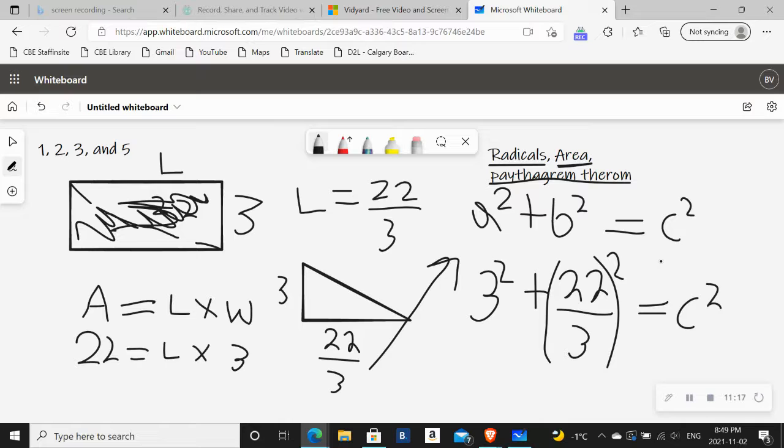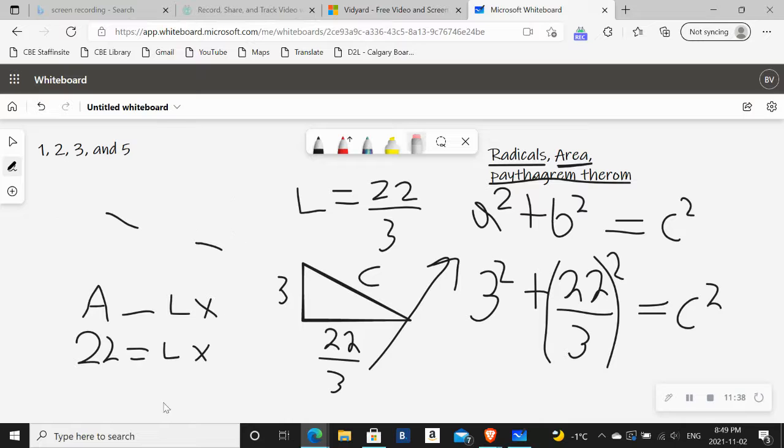Right after this little segment, though, we need to find c. That's what we're trying to find this entire time, is c. Okay? And so to find c, what we need to do is this. And so I will erase this part because hopefully you are following along.